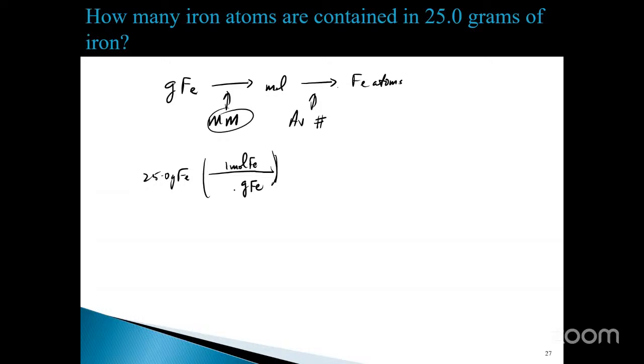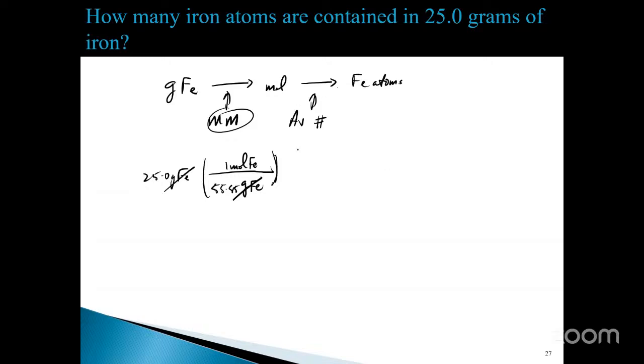The molar mass we can get from the periodic table, and that would be equal to 55.85 grams of iron. And then we would have successfully obtained the value in moles up to this point.